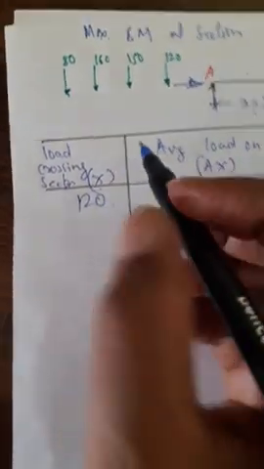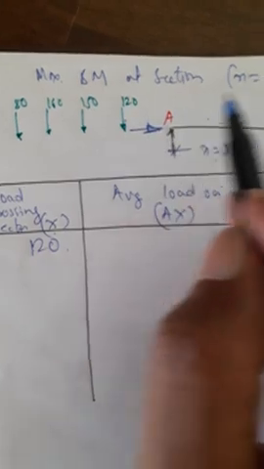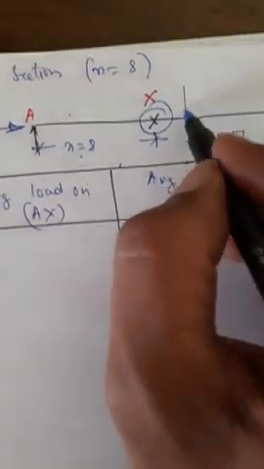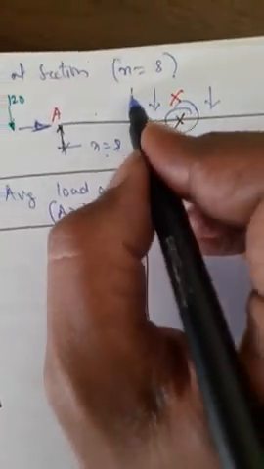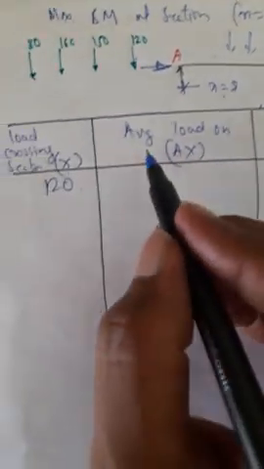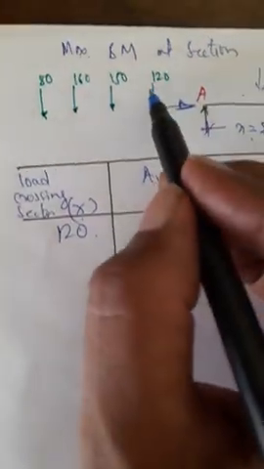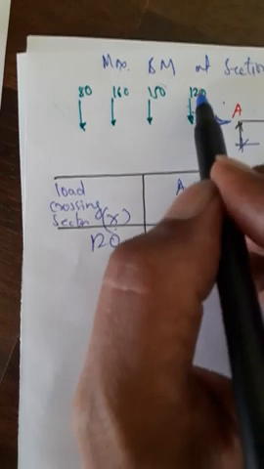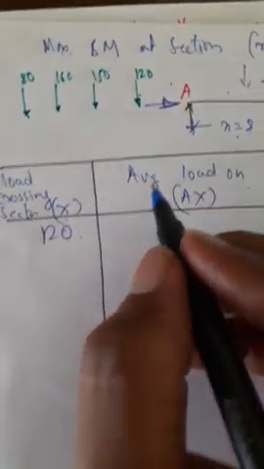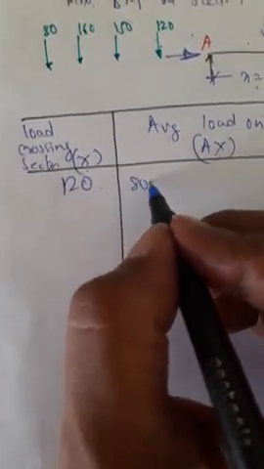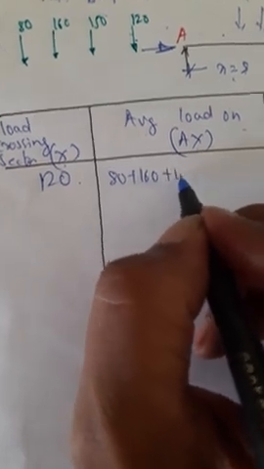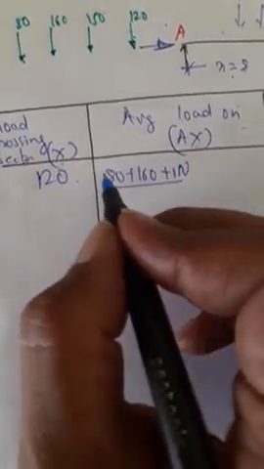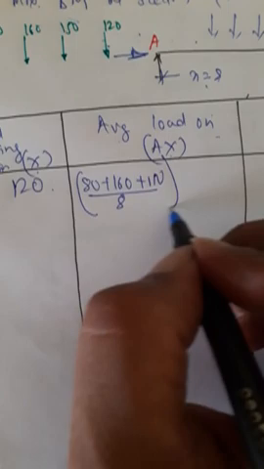So first let me write 120. Let me assume that 120 crosses this section. So 120 is here, rest all three loads are here. So average load on AX: 120 has crossed, these three are remaining on AX. So average load is 80 plus 160 plus 150 divided by 8 span.